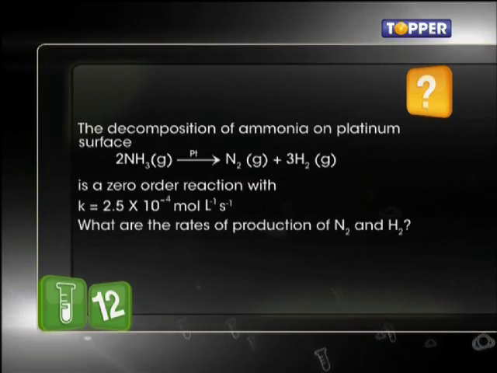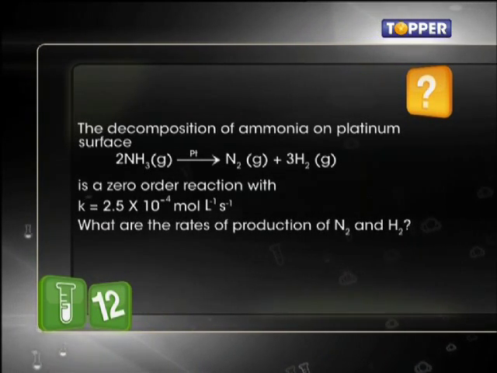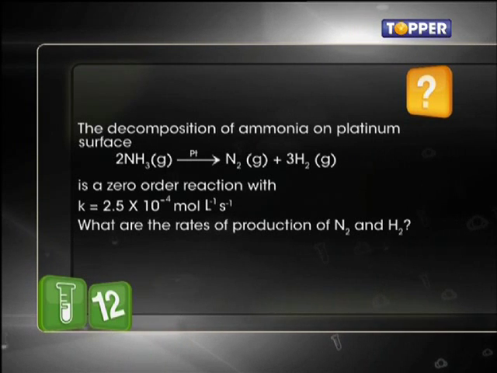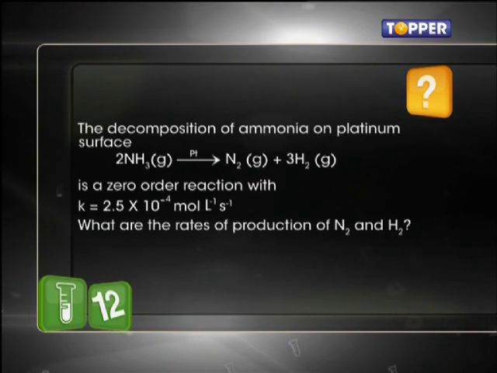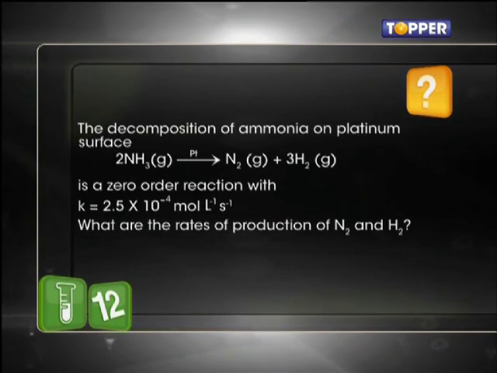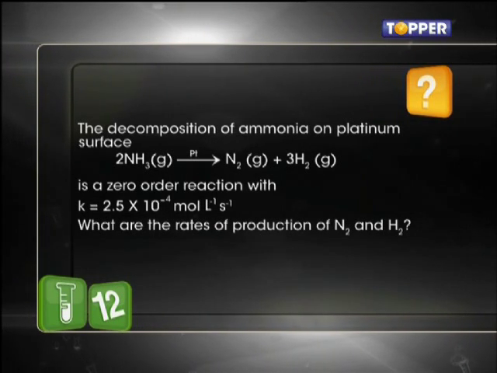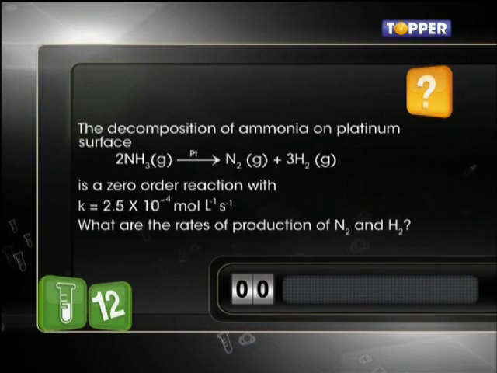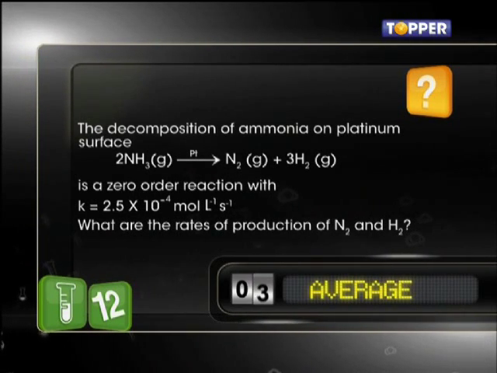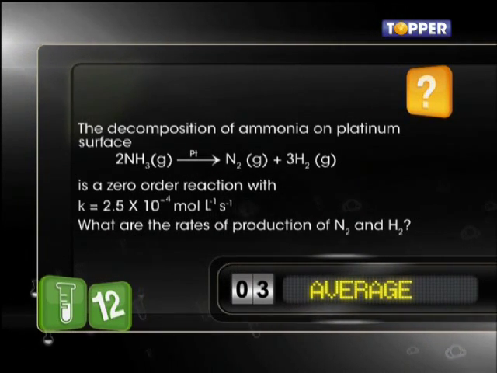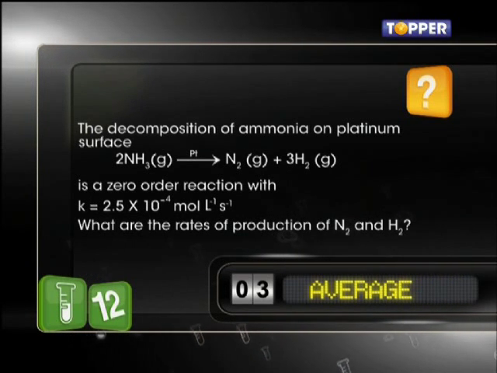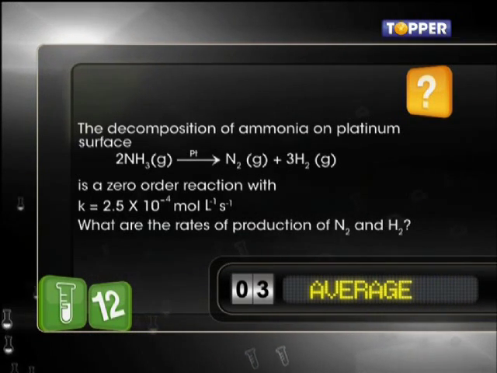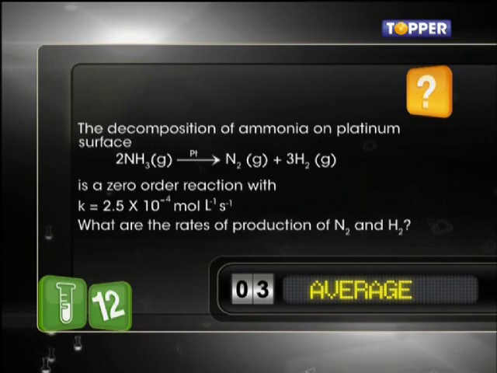Given that K is equal to 2.5 into 10 raised to the power minus 4 moles per liter per second. What are the rates of production of nitrogen and hydrogen gas? This question is for 3 marks and involves the recall of equation for zero-order reaction rates. Topper rates this question as average.